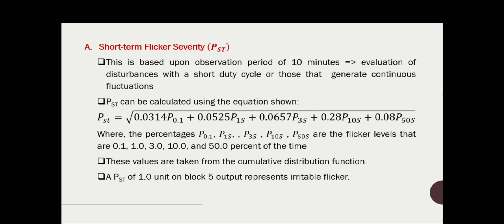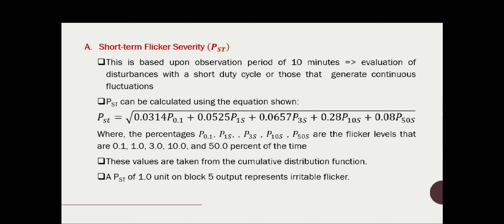And PST can be found using the equation. It is written as the square root of 0.0314 P0.1 plus 0.0525 P1S plus 0.0657 P3S plus 0.28 P10S plus 0.08 P50S, where P0.1, P1S, P3S, P10S, P50S are the flicker levels that are exceeded 0.1, 1, 3, 10 and 50% of the time respectively.